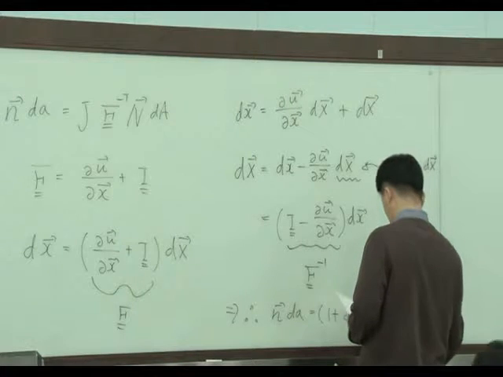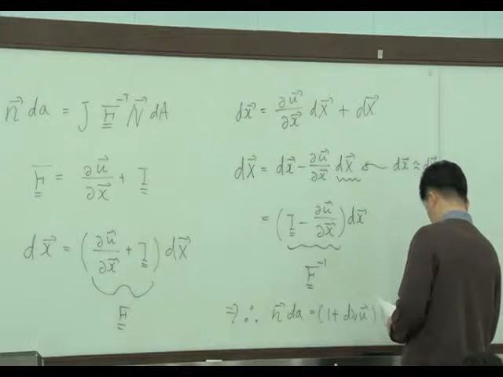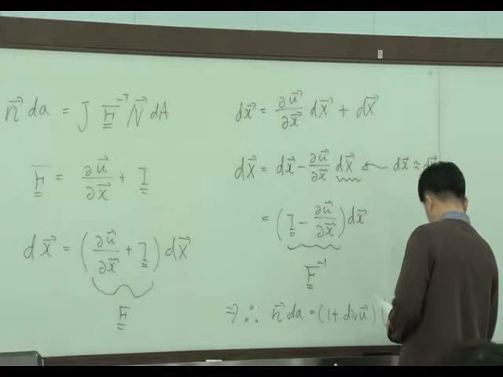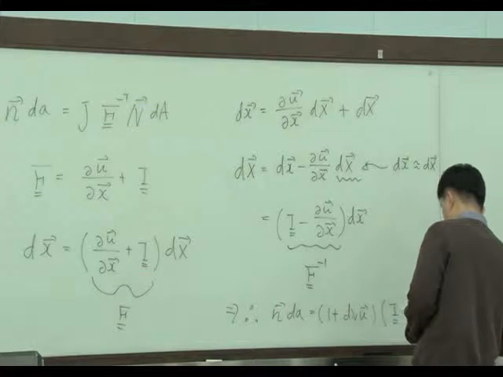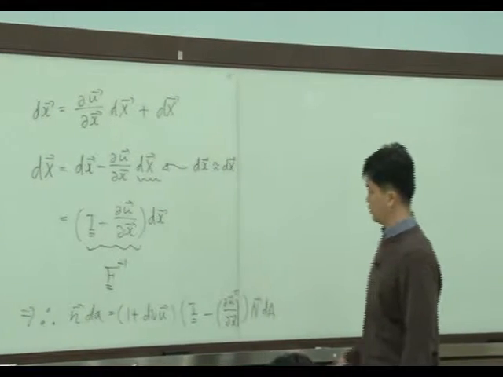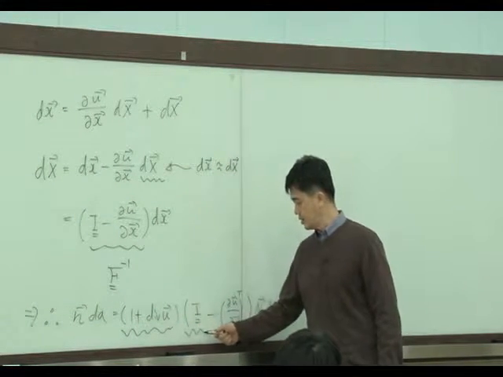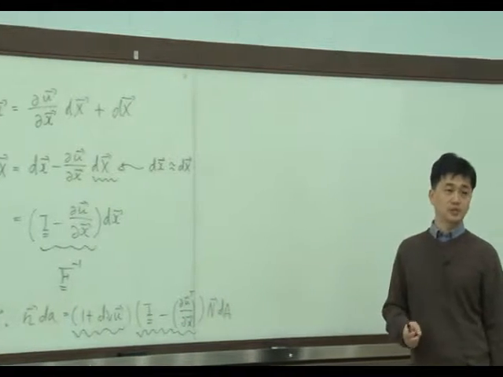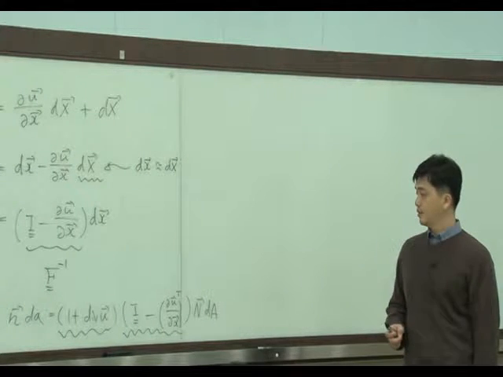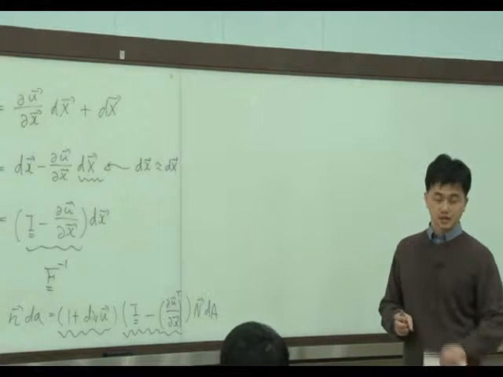Times I minus gradient of U transpose, times N dA. So the volume change, and this is the inverse transpose of the matrix F. So the equation changes quite a little bit.